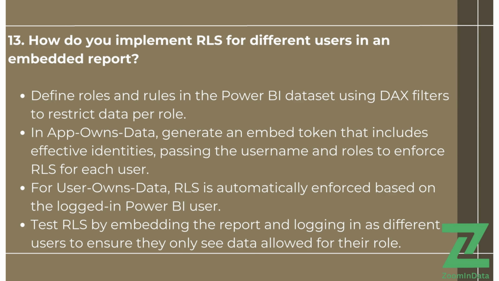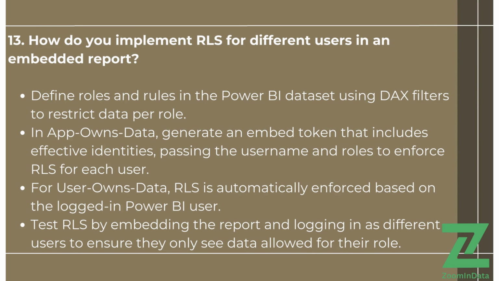13th question. How do you implement RLS for different users in an embedded report? Define roles and rules in the Power BI dataset using DAX filters to restrict data per role. In App Owns Data, generate an embed token that includes effective identities, passing the username and roles to enforce RLS for each user.